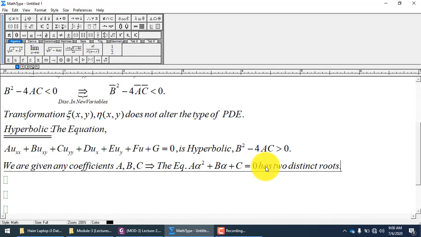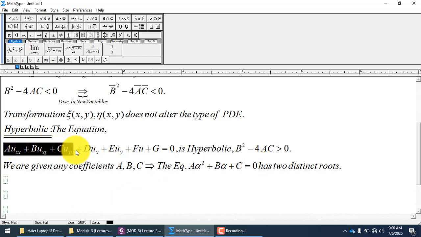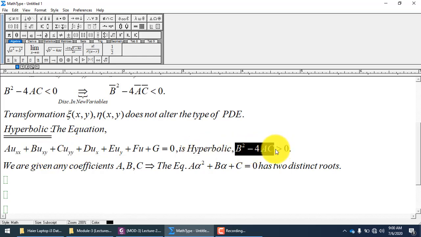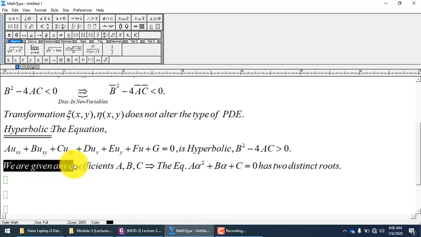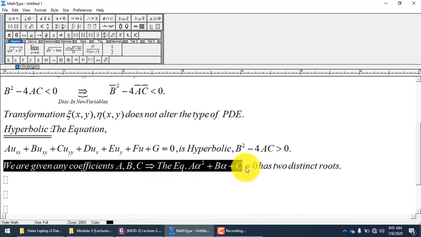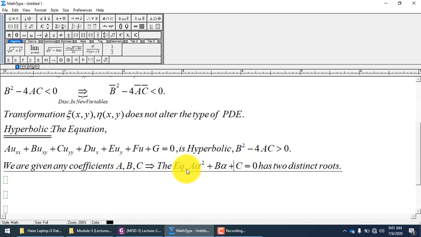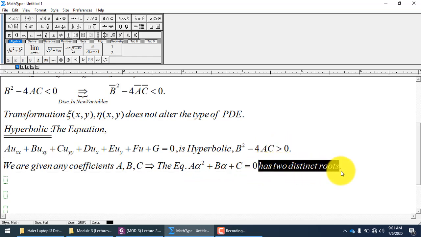Since ABC were the principal part coefficients in the original partial differential equation, you know the relation: b square minus 4ac is strictly positive because you are taking the hyperbolic case. For any variables or constants, you can write the quadratic equation a alpha square plus b alpha plus c, and if you know the relation between ABC, you can talk about the nature of the roots. So that equation will have two distinct roots.